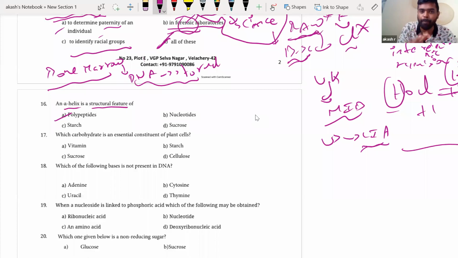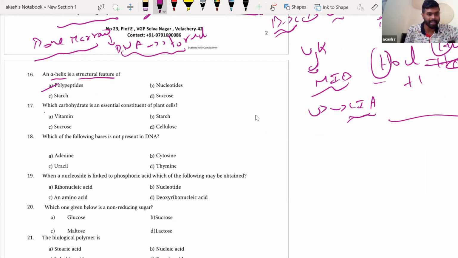Or when can a polypeptide become a protein? What is the criteria? When it has molecular mass more than 10,000 u and more than 100 amino acids joined together. Very good. So when the molecular mass crosses 10,000 u, then it becomes a protein.